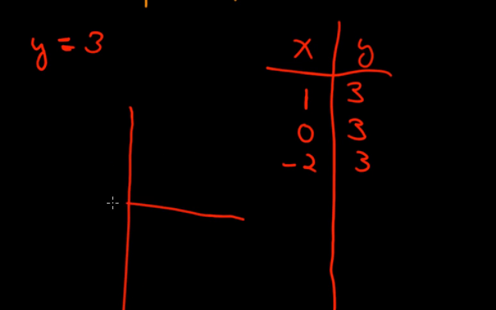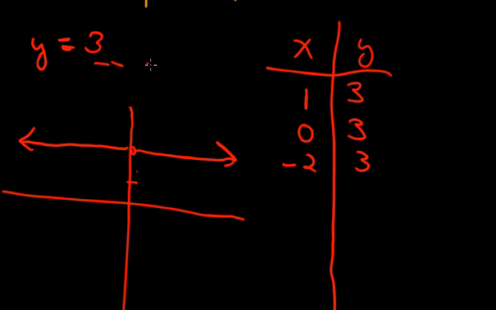And so this, 1, 2, 3, up here's 3, is a horizontal line. Y equals 3. No matter what the value of x is, because there's no x in this equation, it always gives us this horizontal line. So a horizontal line is in the form of y equals.